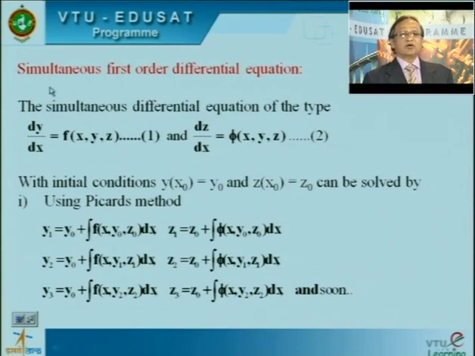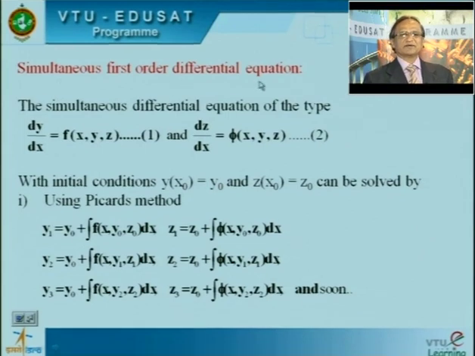Okay. Now, I want to think about how we solve simultaneous first order differential equations, right. For example, the simultaneous differential equations may be of the type dy by dx is equal to f of x, y, z. In the earlier case, it is given that dy by dx is equal to a function of x, y, right. Another equation is dz by dx is equal to a function of x, y, z.